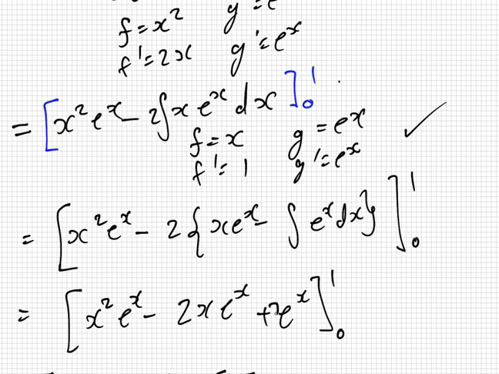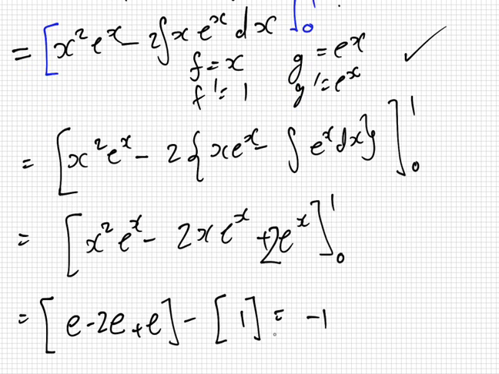Oh, I forgot the 2 multiplying that, thank you. So there should be a 2 here. So that changes this to a 2 and changes this to a 2. Okay, that's much better. So 2e minus 2e is gone and you're left with e minus 2, which is correct.